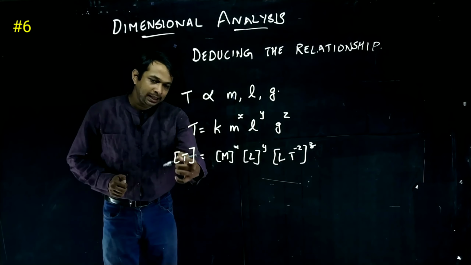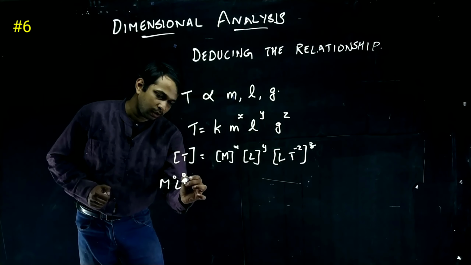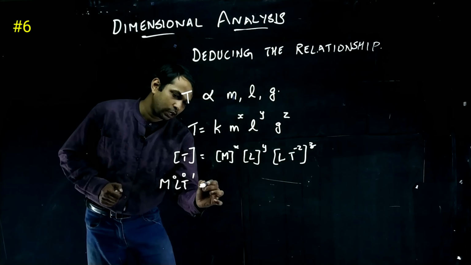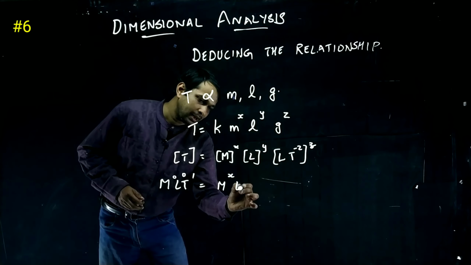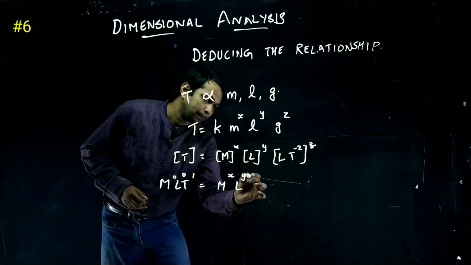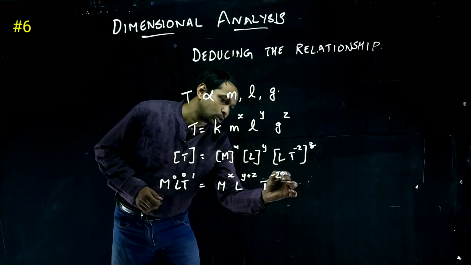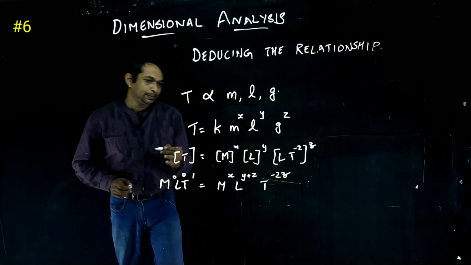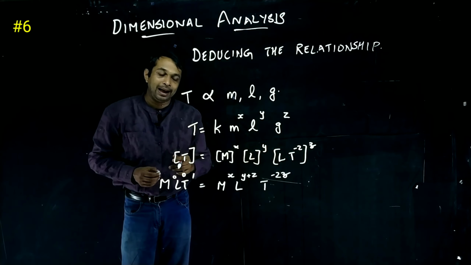Okay, T means M raised to 0, L raised to 0 and T raised to 1, equal to M raised to x, L raised to y plus z and T raised to minus 2z, right? Just expanding this RHS.